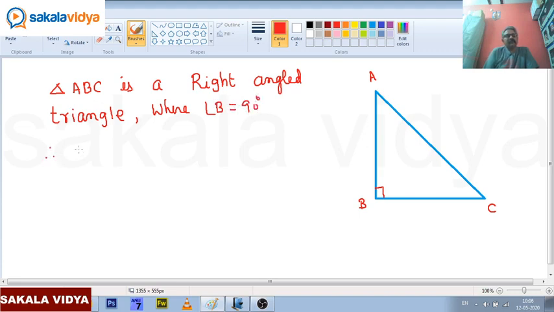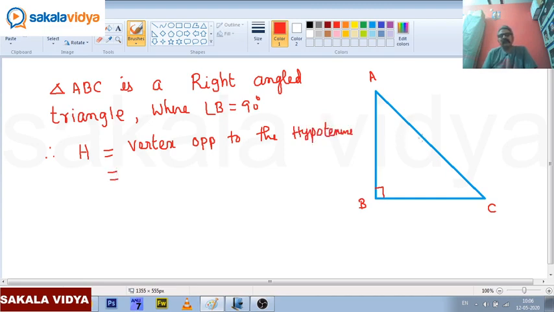Therefore, the orthocenter H is equal to the vertex opposite to the hypotenuse. In a right angle triangle, the orthocenter always lies at the vertex opposite to the hypotenuse. This is the hypotenuse, so B becomes the orthocenter. Understood now?